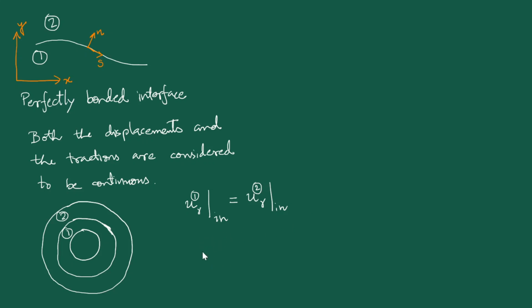You also have to write down the equivalent traction conditions. From those traction conditions, what we will obtain is that sigma_rr at the interface, looking from the side of material 1, is equal to sigma_rr for material 2, looking from the side of the interface.